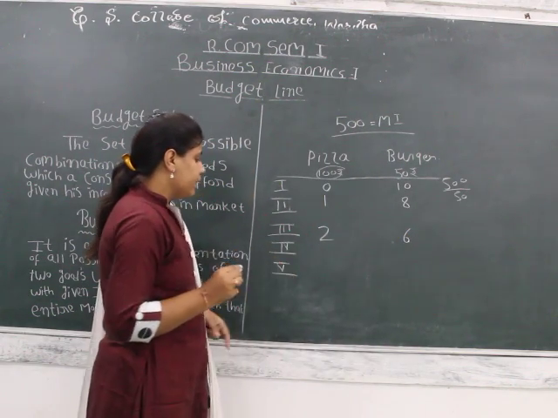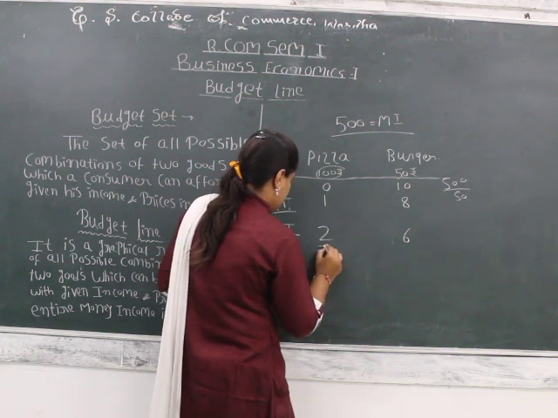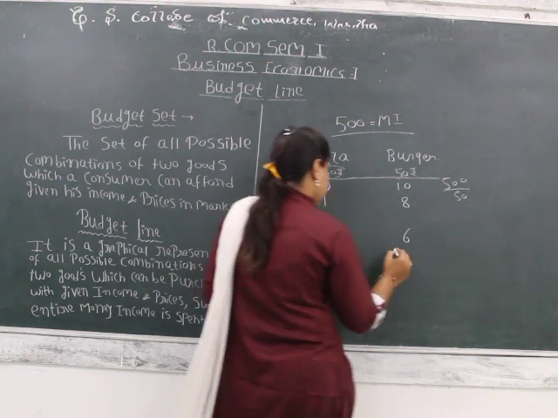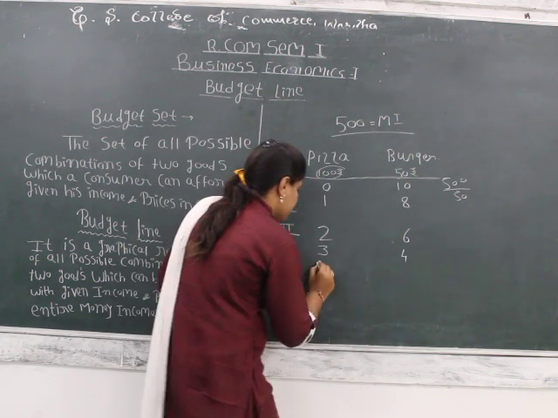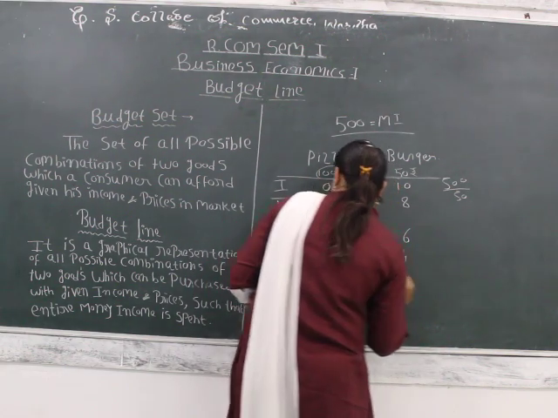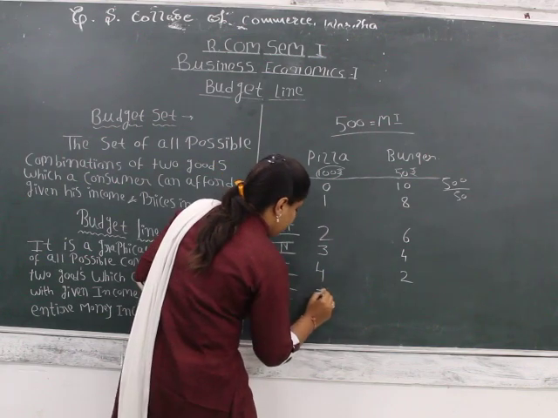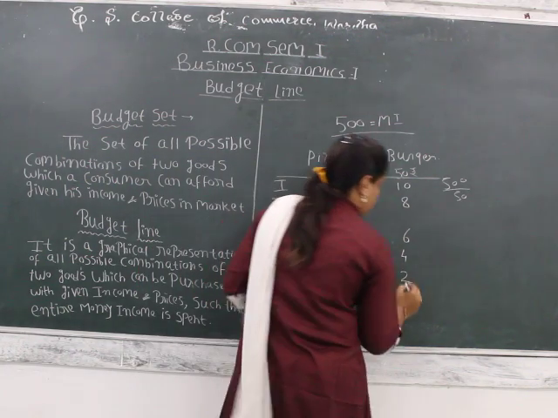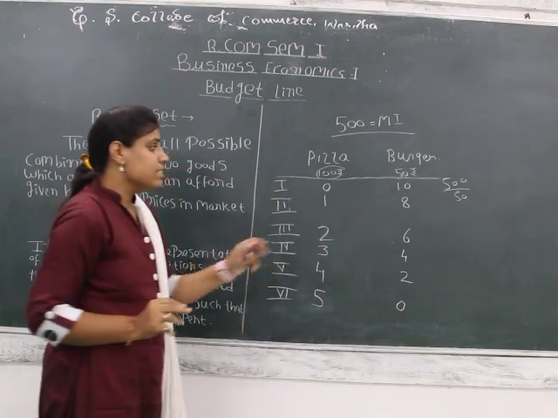If you want to buy 3 pizzas, you can buy only 4 burgers. If you want to buy 4 pizzas, you can buy 2 burgers. And if you want to buy 5 pizzas, you will have no amount left to buy burgers, so you can buy 0 burgers.